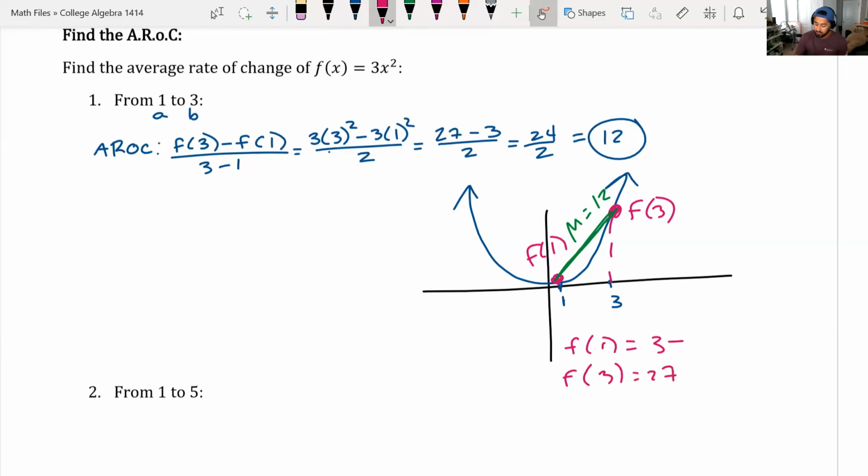To get from here to here, if the rate of change was 12, I said 3 plus 12, which gave me 15. And then 15 plus 12 gave me 27. So just the rate of change between those 2 points. You don't need to do that. It's just a thought lingering in my head. But hey, it checks out.